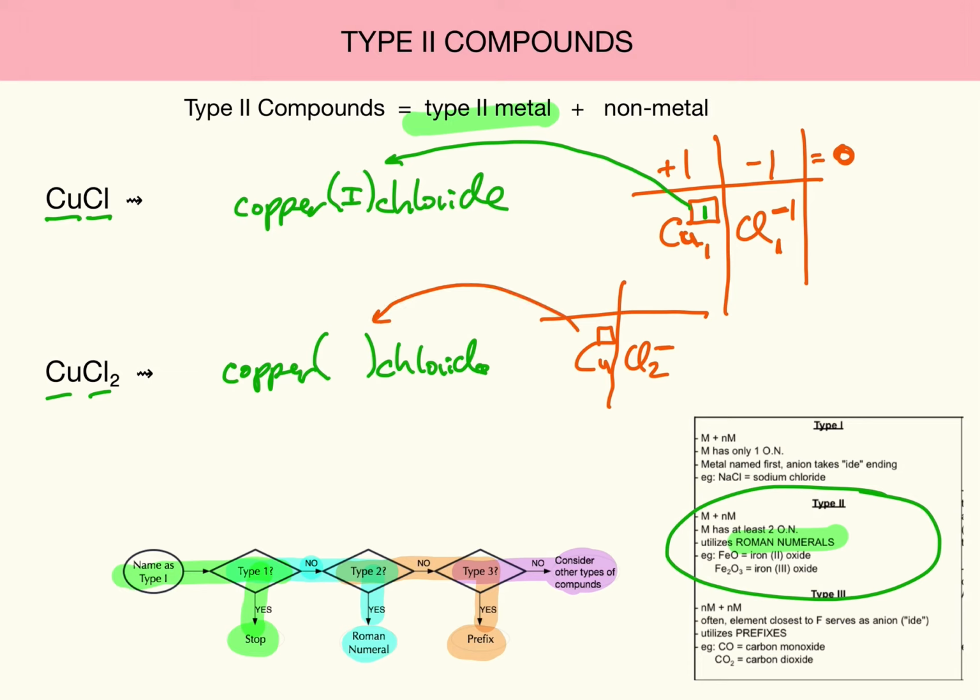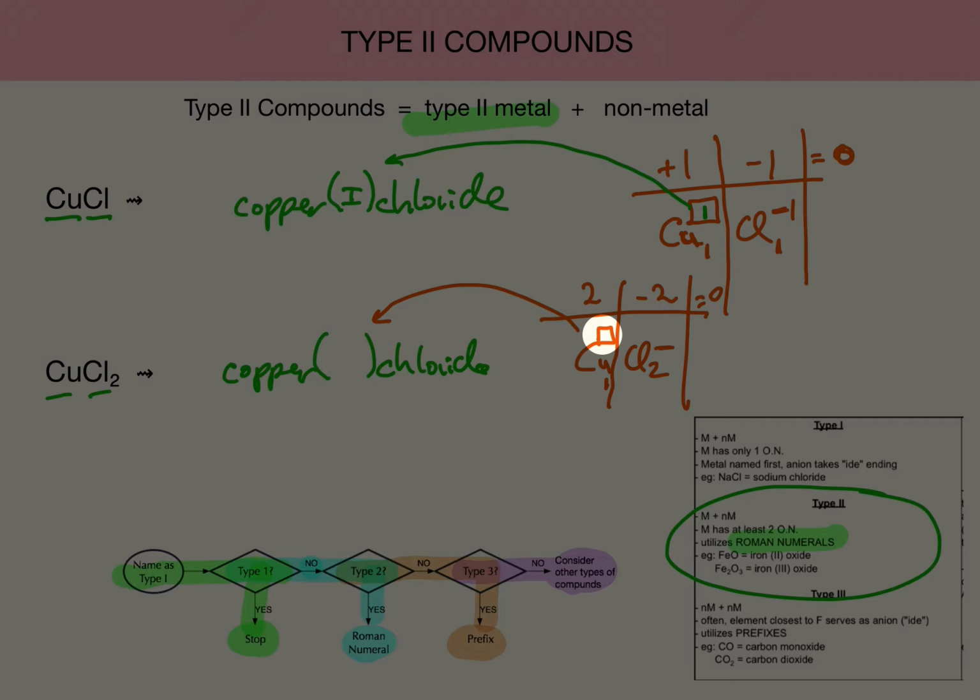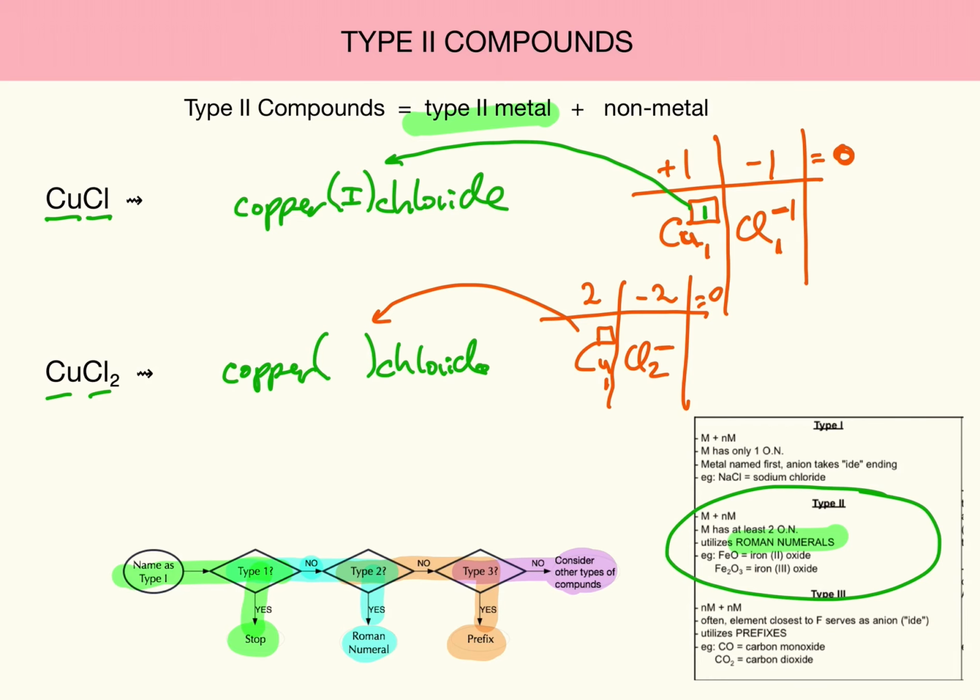So let's see if we can figure it out. 2 times minus 1 is minus 2. What minus 2 equals 0? That would be positive 2. And 1 times what equals 2? Well, that would have to be a 2. So this material would be called copper(II) chloride.